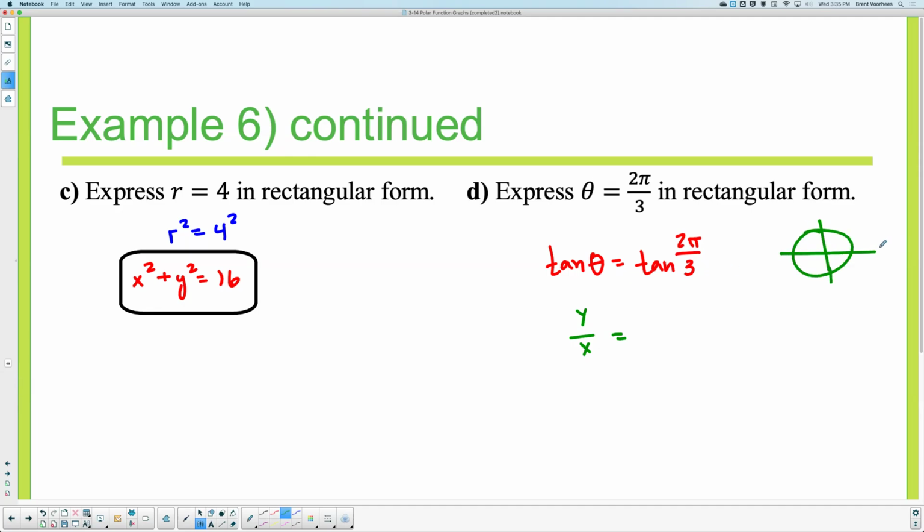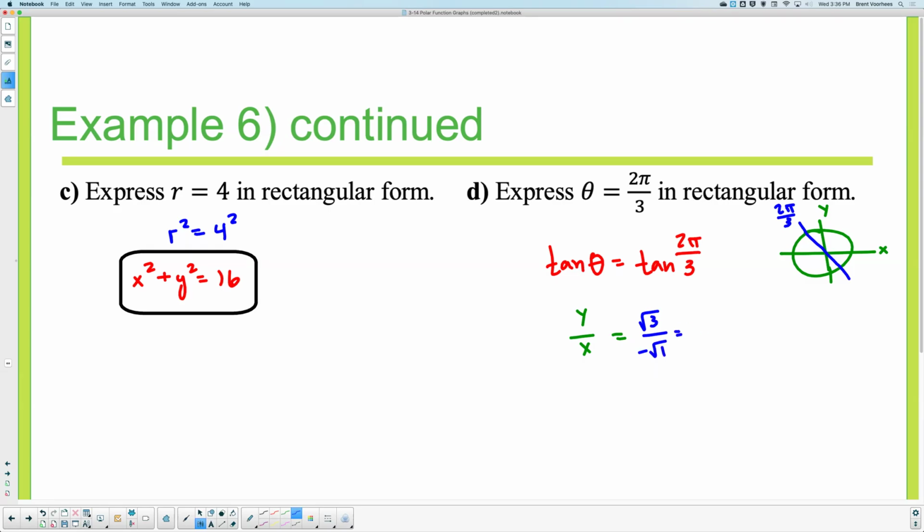2 pi over 3 is in the second quadrant, which means tangent would have a negative slope. This is going to be a negative value. 2 pi over 3 is here in the second quadrant. So it will be a negative tangent value. I bend my index finger. I flip my hand for the pi over 3. I have square root of 3 for y's, and my x would be negative square root 1.